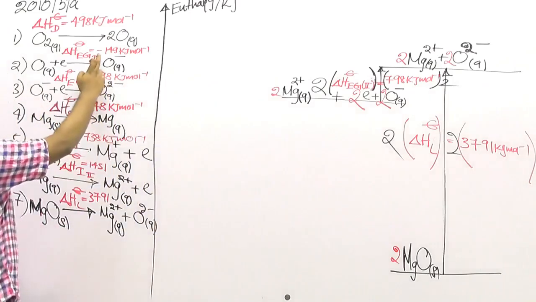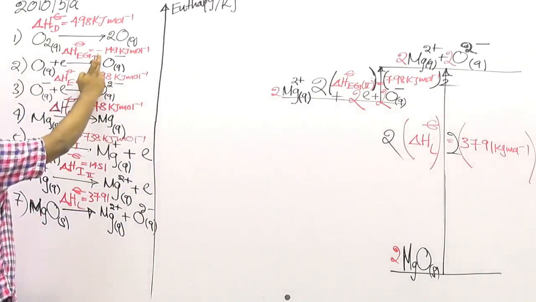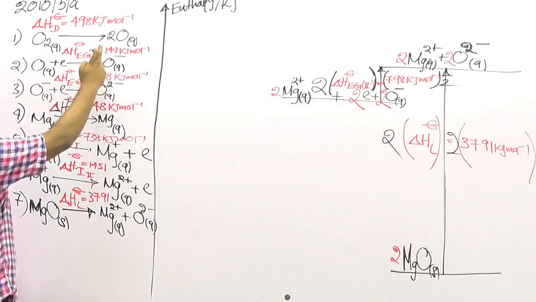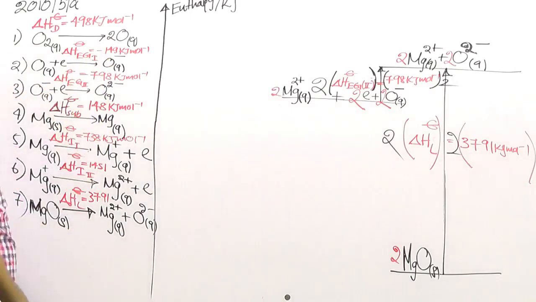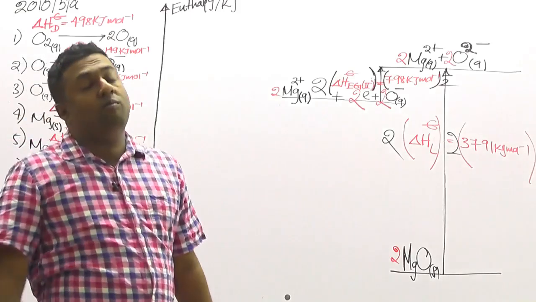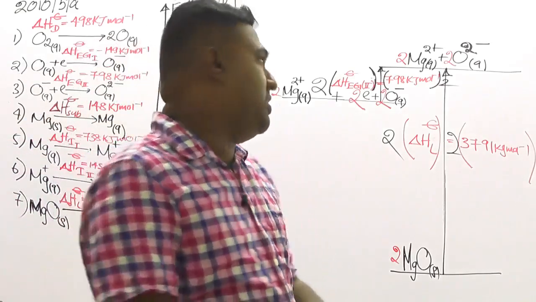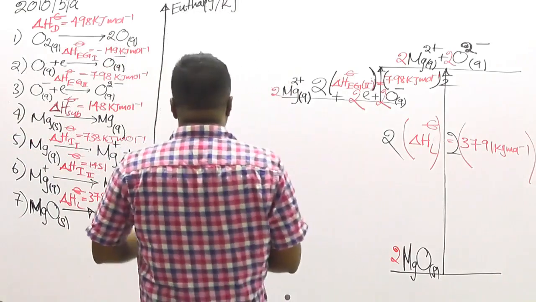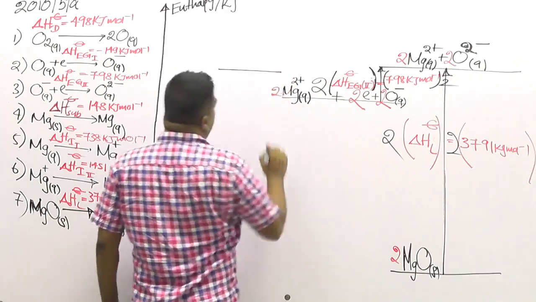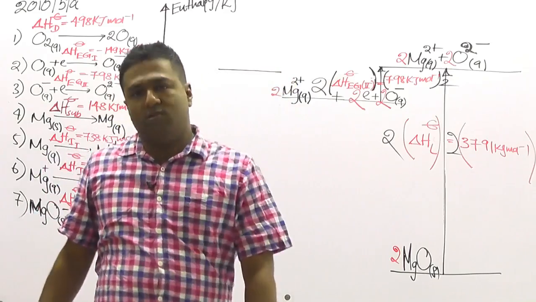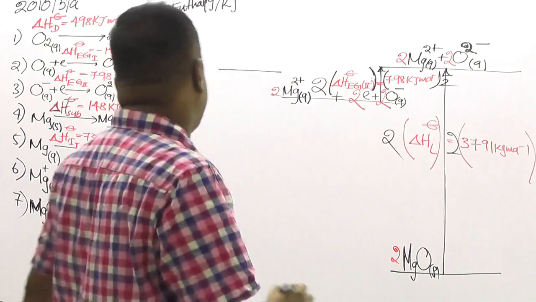It's a negative value, minus 149. The first electron gain energy is minus 149, so it is an exothermic process.